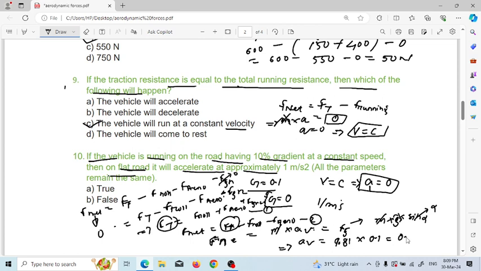So approximately 0.981, which is equal to 1 meter per second square. As the question asked approximately, so the option will be true.